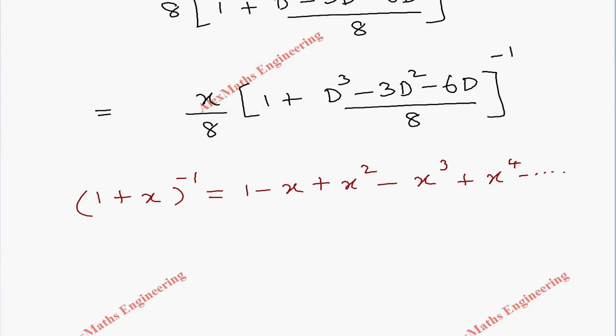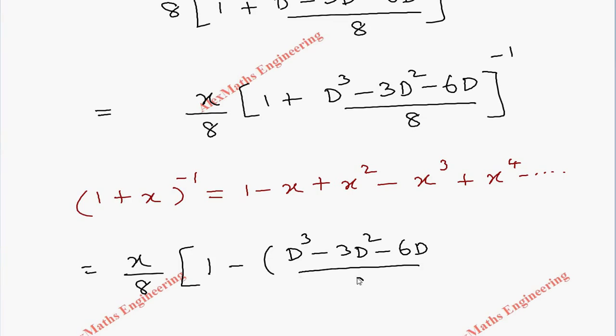Then after that, our term is x by 8, open bracket. First is 1, minus x. So minus of (D cube minus 3D square minus 6D) whole divided by 8. Then plus x square. All the higher powers we can ignore because we have only x.